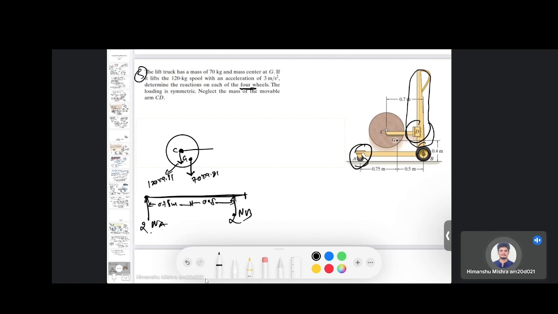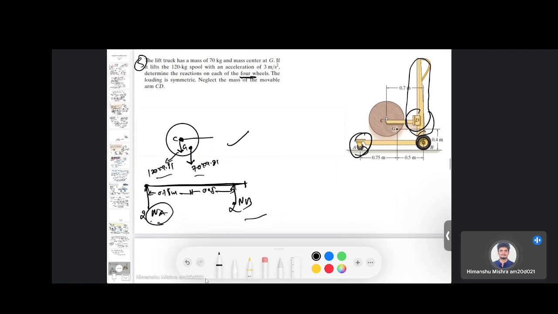So you can see now in the free body diagram you identify all the forces NA, NB and these 2 weights. All we are left to do is the moment balance and force balance analysis that we have been doing in the last few problems.